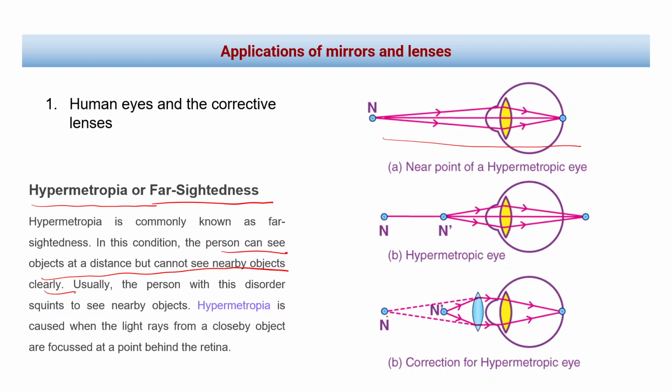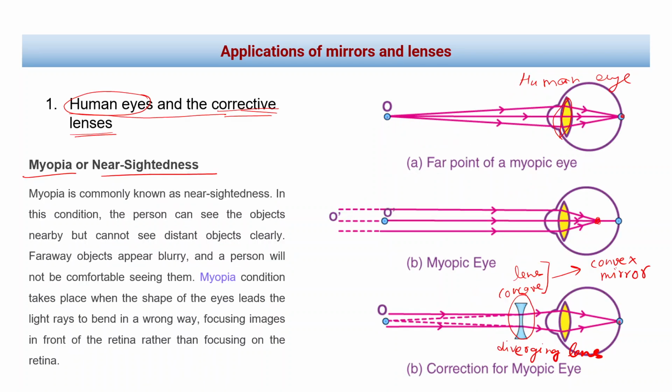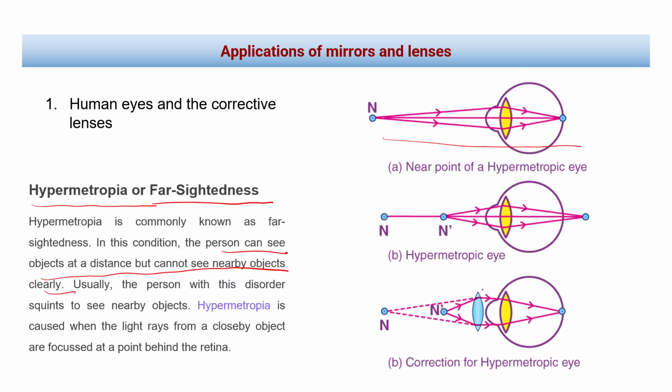Another thing is, correction for this is using these convex lens here. In the previous condition we were using concave lens, which is also diverging lens. Now we are using for this particular condition convex lens, which is converging, also called converging lens.